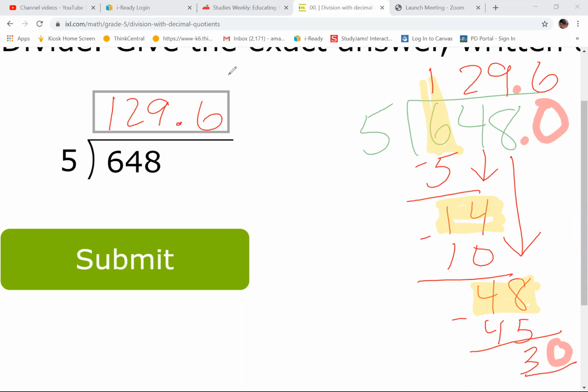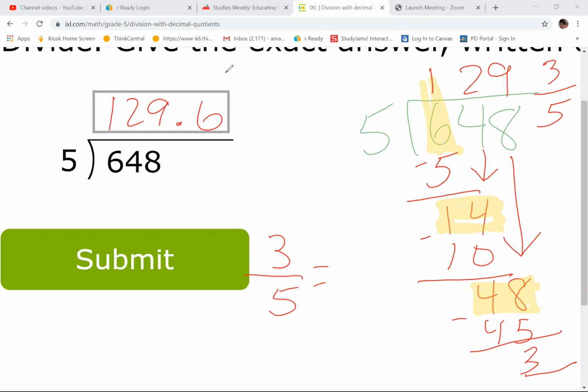You know what? That makes a lot of sense to me, because if I had that remainder of 3/5, when we're talking about decimals, we can't have fifths. It has to be tenths, doesn't it?